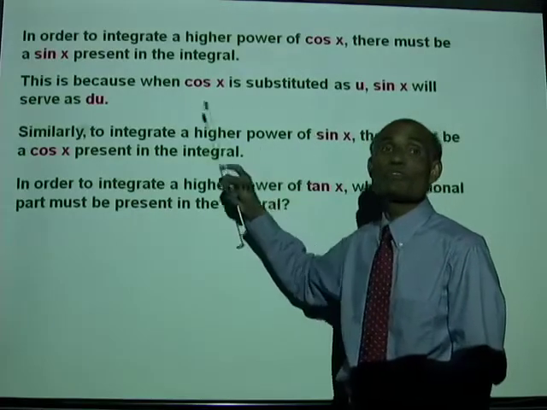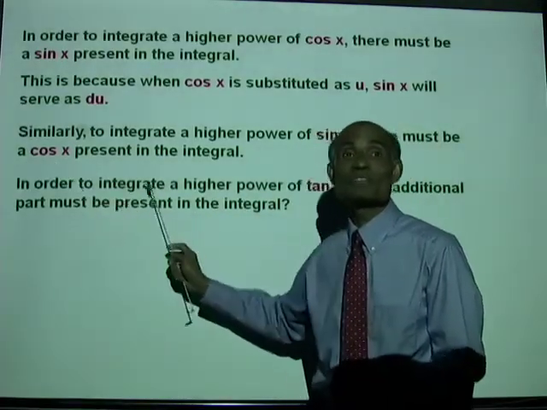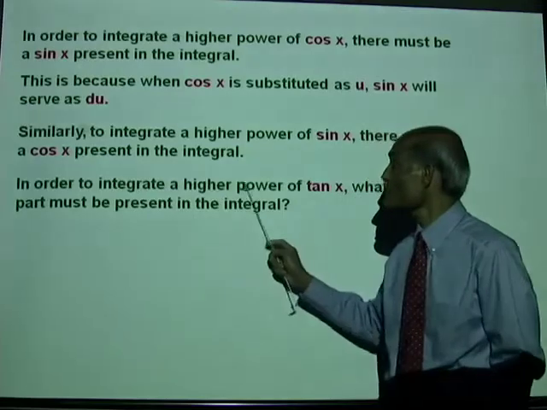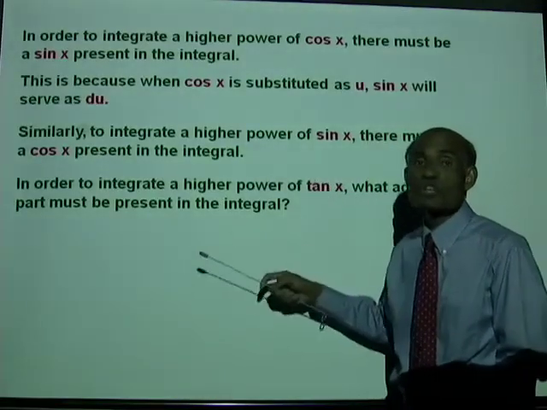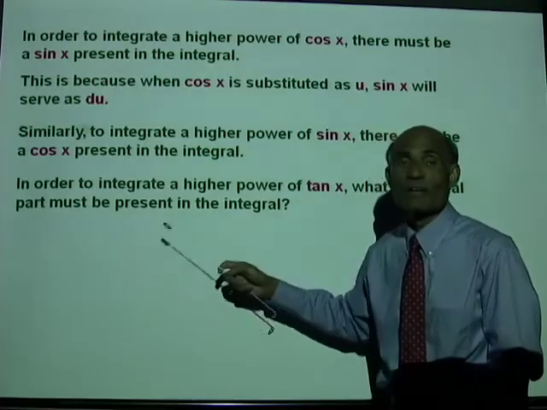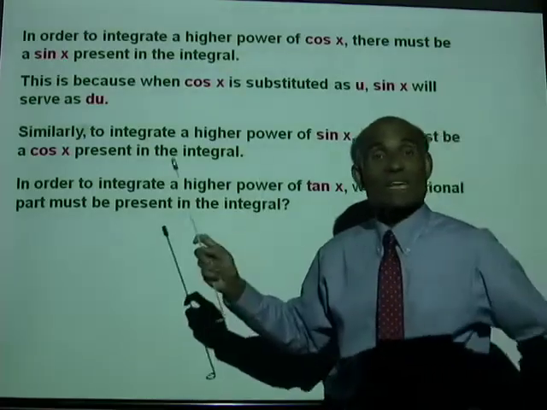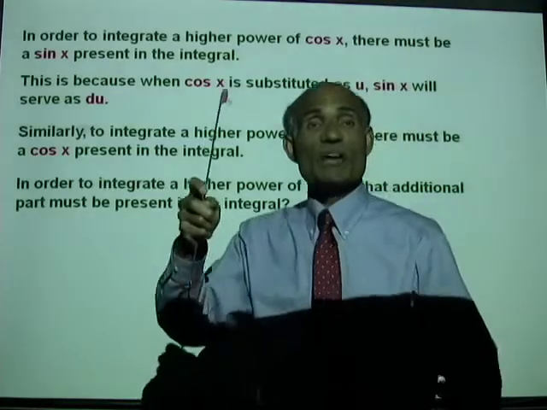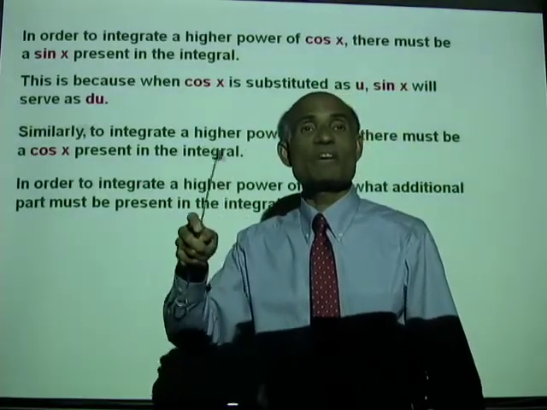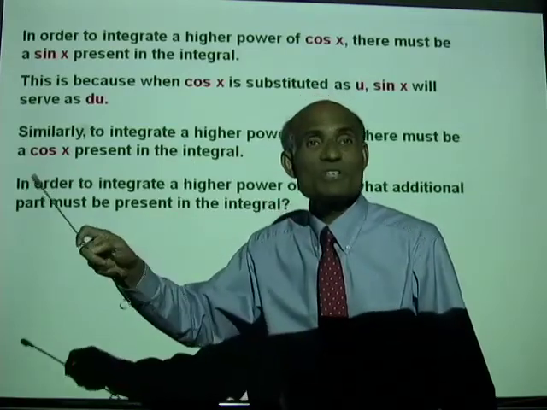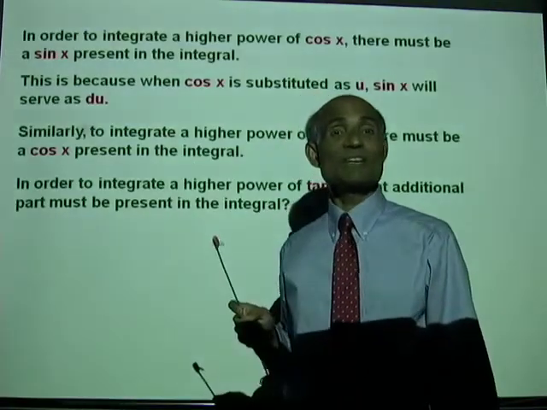The derivative of sine x is cos x. Similarly, in order to integrate a higher power of tan x, what additional term needs to be present there? It must be secant squared x. You see, an integral like integral tan to the power of 7x secant squared x dx can be easily integrated.